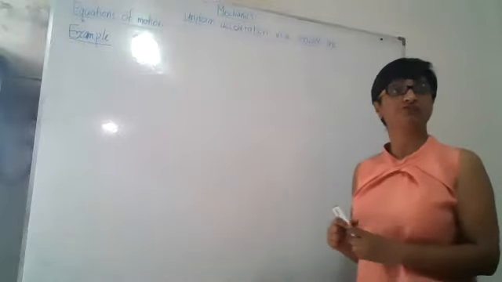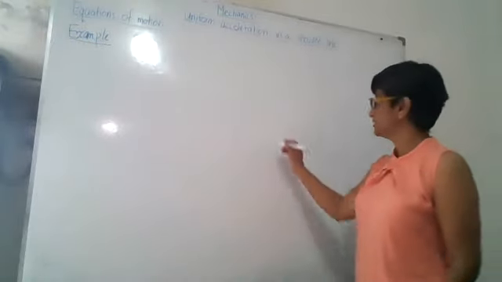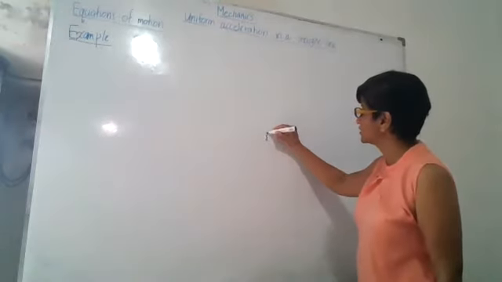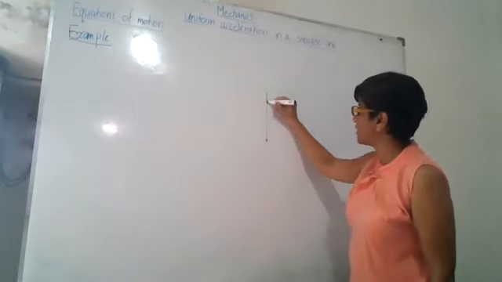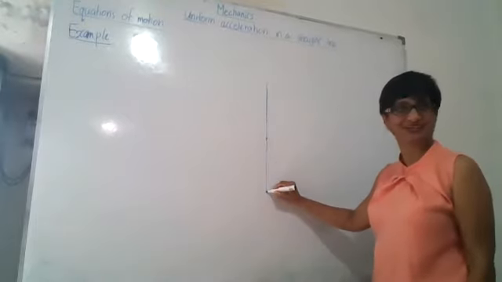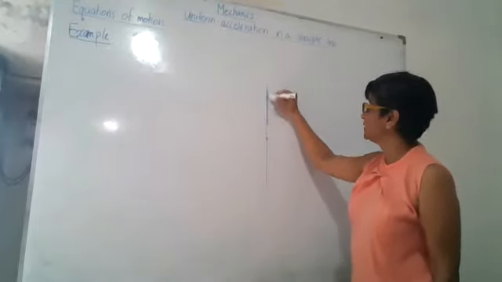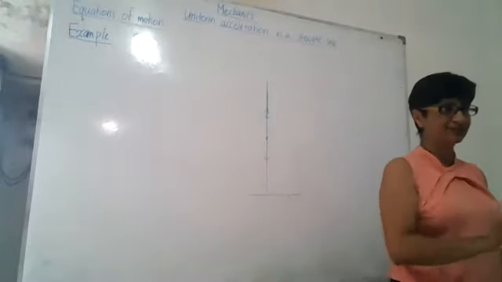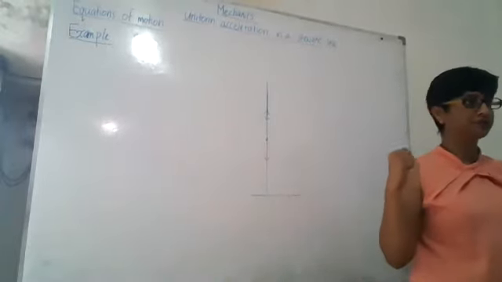If you throw something vertically up, you hold something here and you throw it vertically up, it's going to go on a straight line and come back on the same straight line. You go up, stop here, and come back until it hits the ground. Straight line motion. That's it. No parabola here.